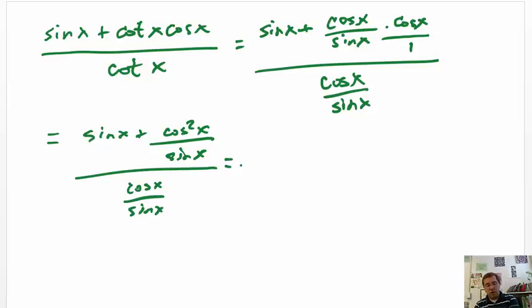Okay? So now I've got those two things on the top. I'd like to combine them into one fraction. Right now it's sine of x over 1 plus cosine squared x over sine of x. Get a common denominator of the sine of x. So multiply the first fraction by sine of x over sine of x.